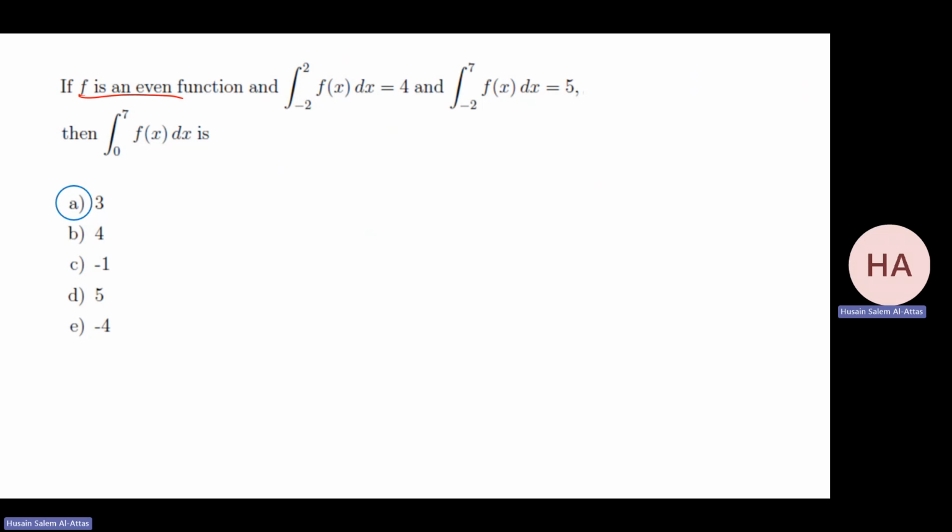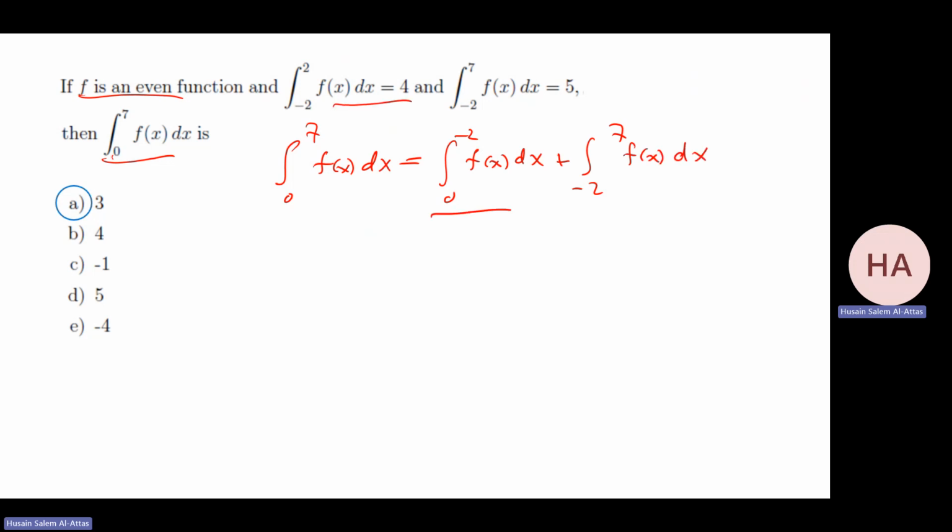Okay, what do they want? They want this. Integral from 0 to 7, f of x dx means what? It will be from 0 to minus 2, f of x dx, plus minus 2 to 7, f of x dx. I know that this one is half of this.